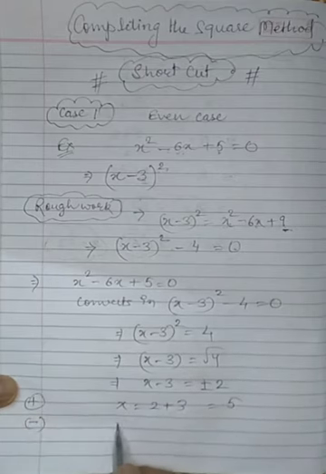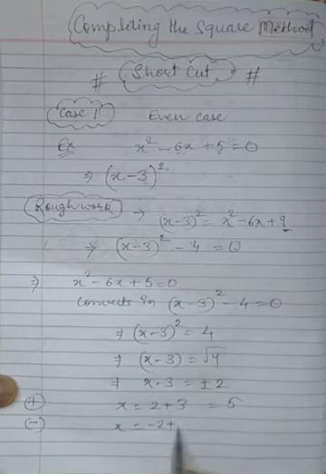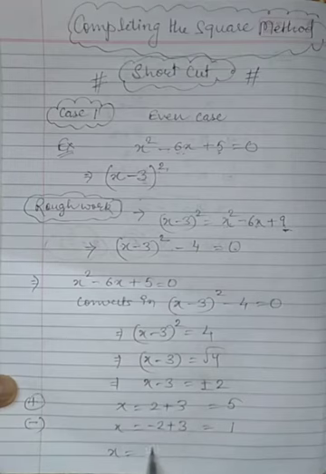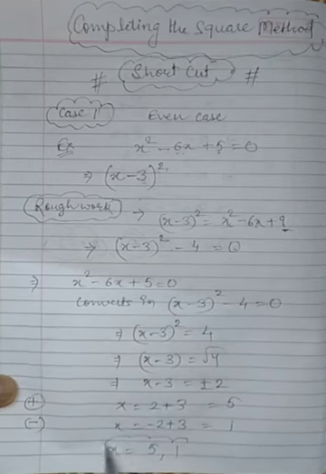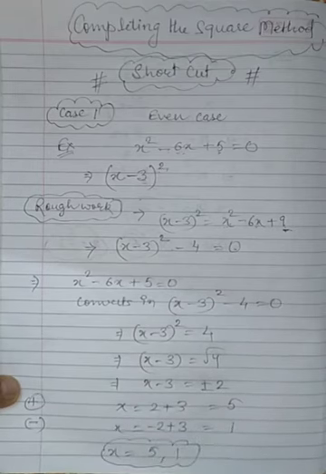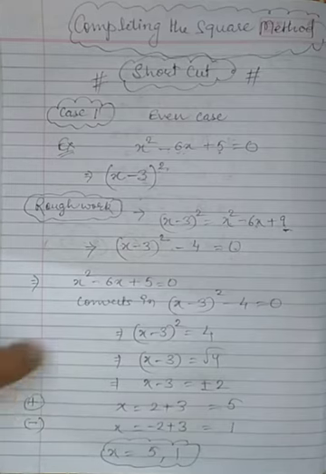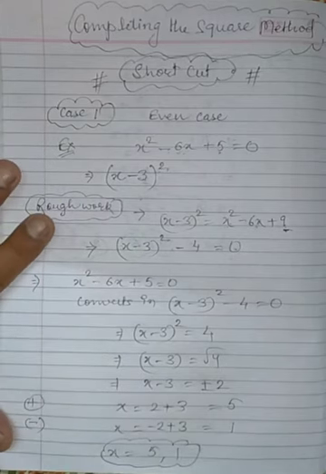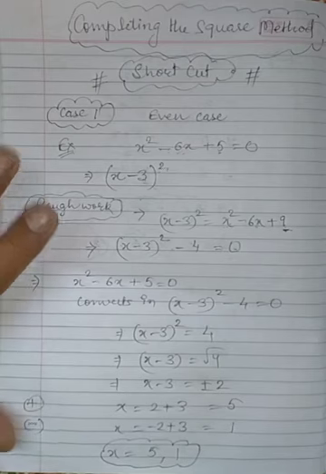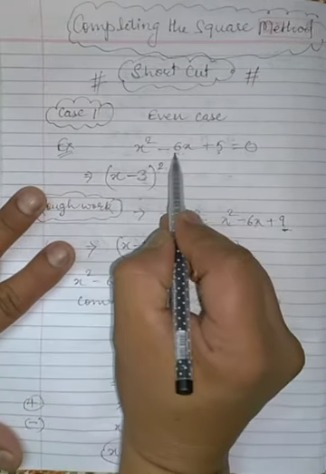If you take minus sign, x is equal to minus 2 plus 3, which is 1. So the two roots are x equal to 5 and 1. I hope you find it simple to solve. Okay, so this way you can solve when we are given the even cases.